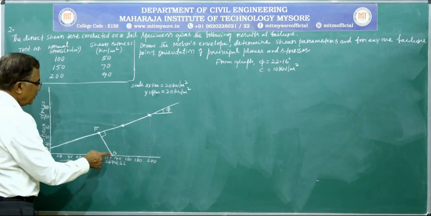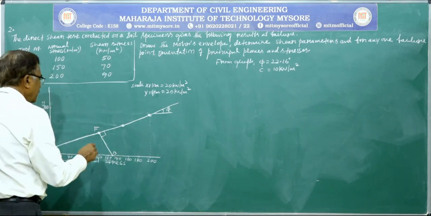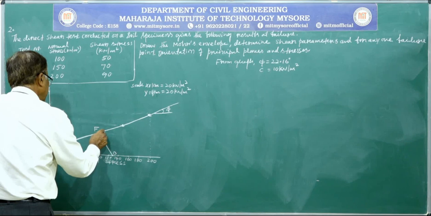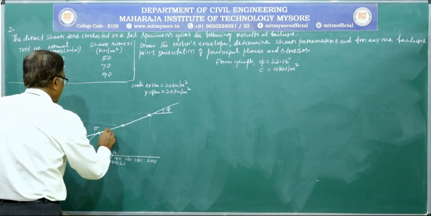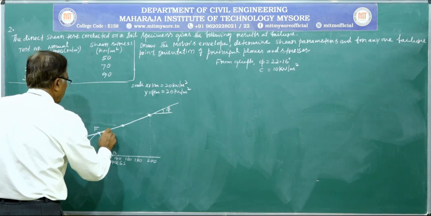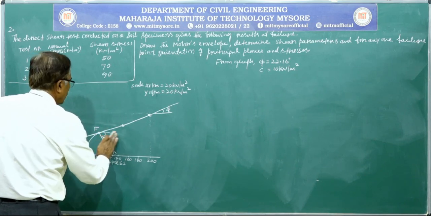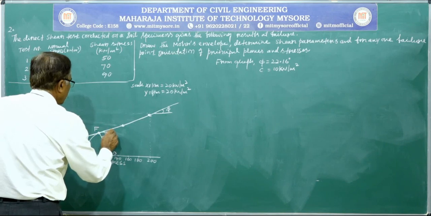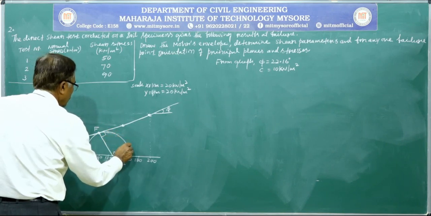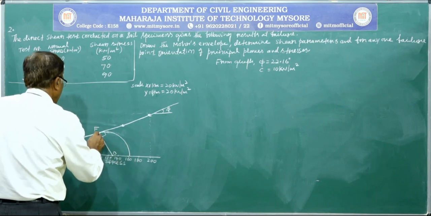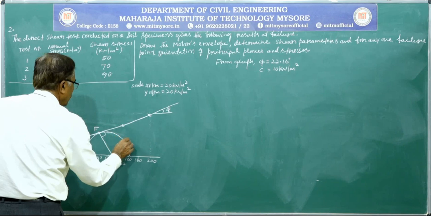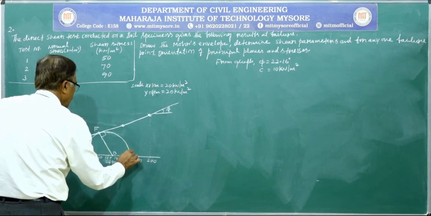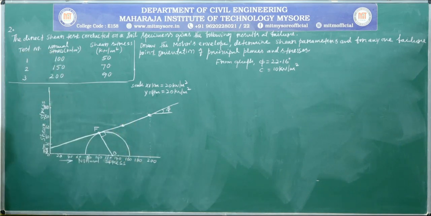With O as center and OF as radius, construct the Mohr circle. This is the Mohr circle.